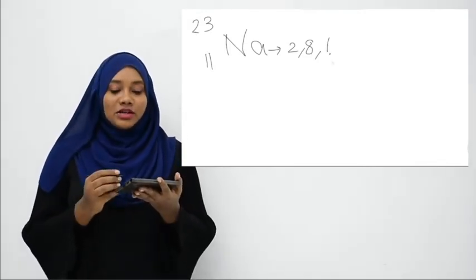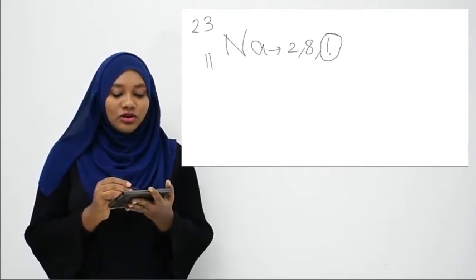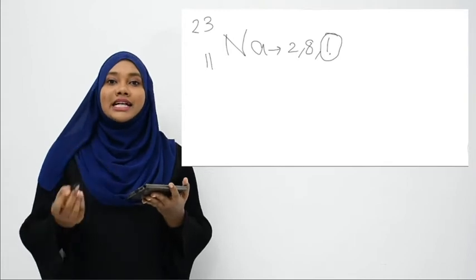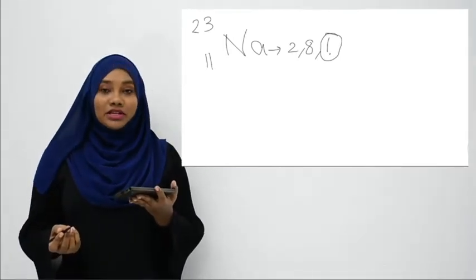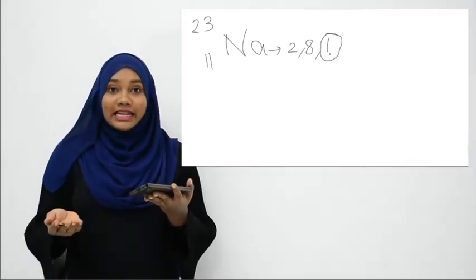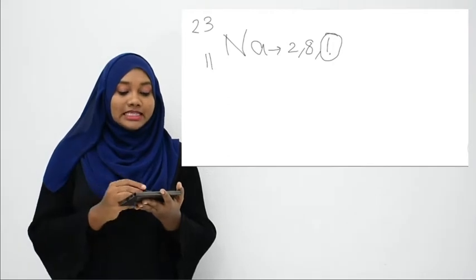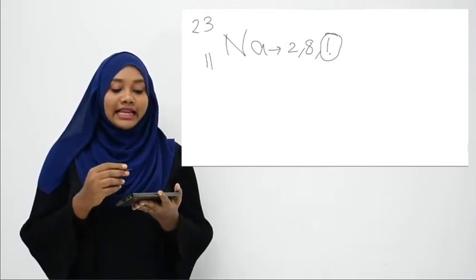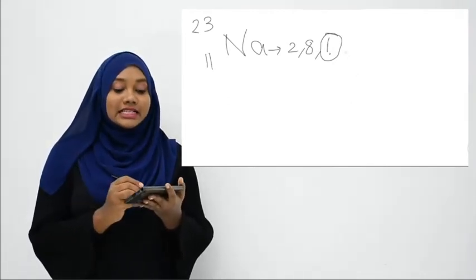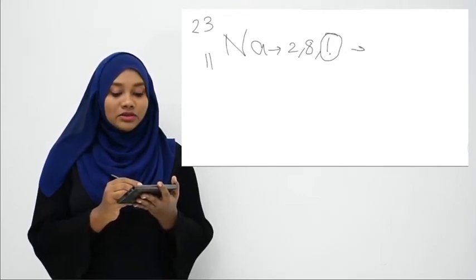Yes, sodium needs to lose this electron in the valence shell to obtain a stable electronic configuration. It would be easy, right? Since losing electrons involves energy, it would be easy for sodium atom to lose the electron in its valence shell to obtain a stable electronic configuration.